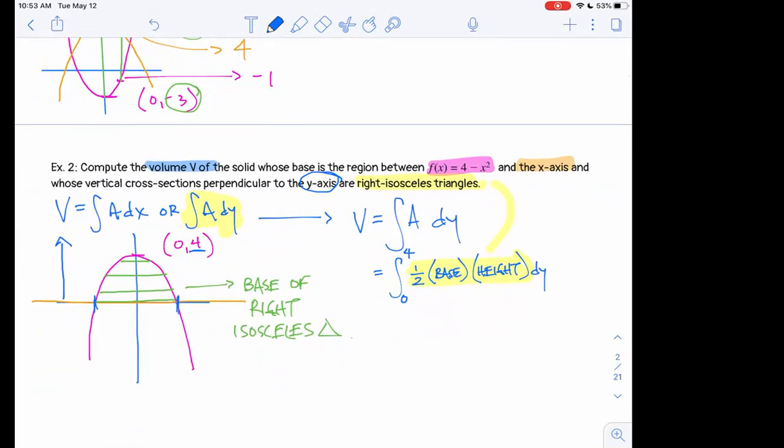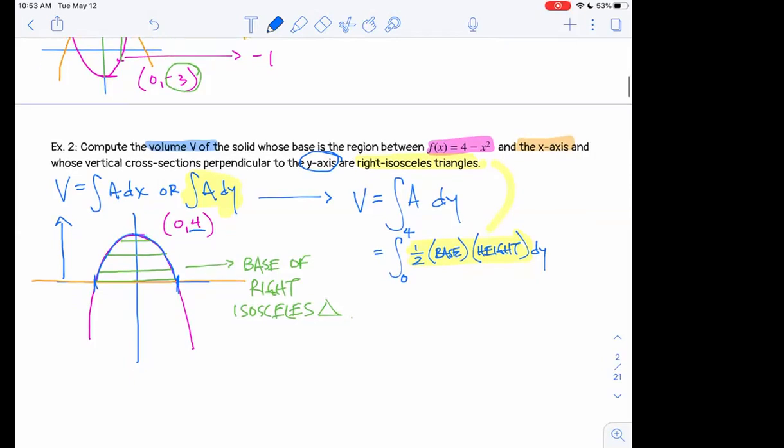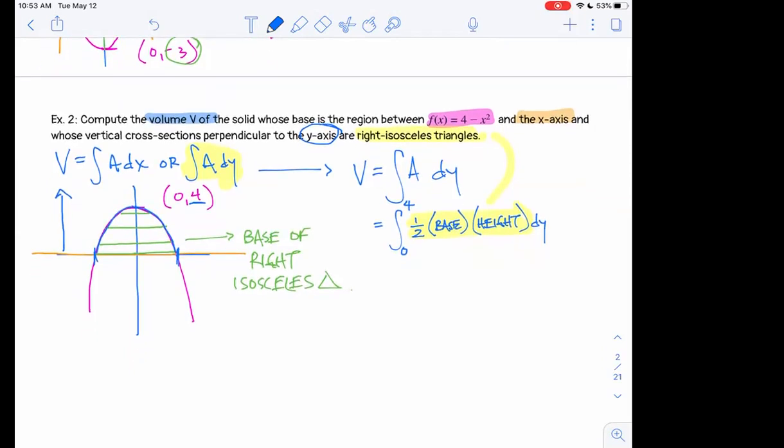Now, in this case, the right curve is this one. It's the parabola. But the left curve is also the parabola. Okay? And that causes us to have a little bit of a problem.